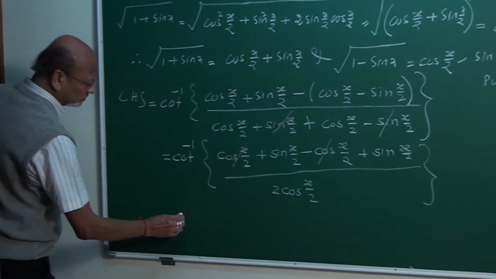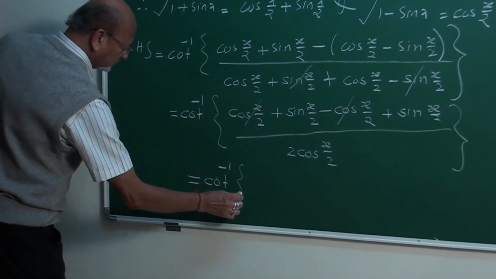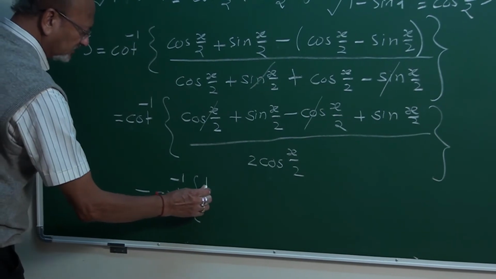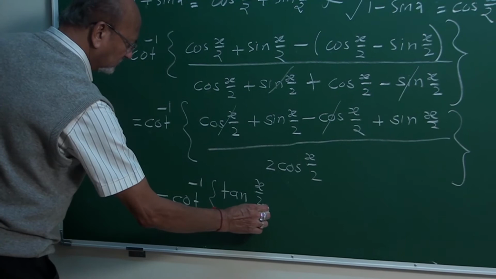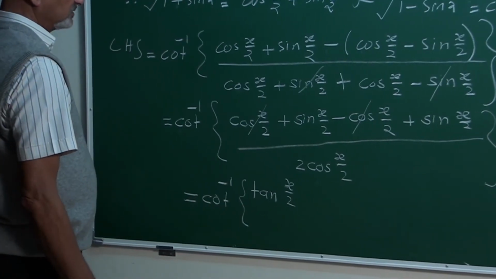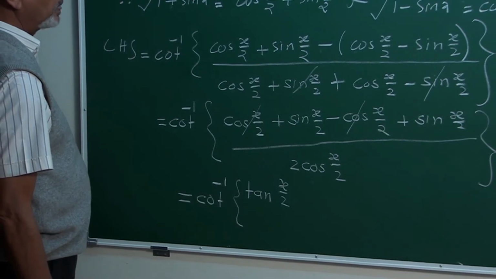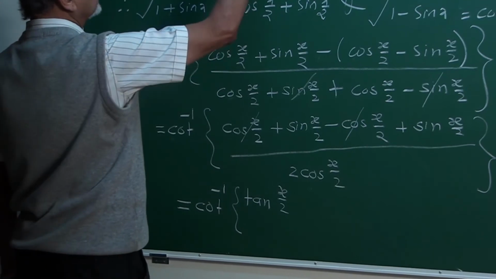Sin plus sin is tan x by 2. My friends, you wanted x by 2, so just reverse it.